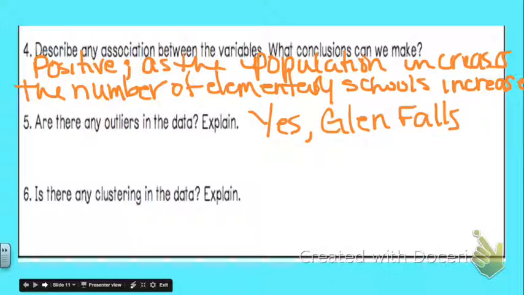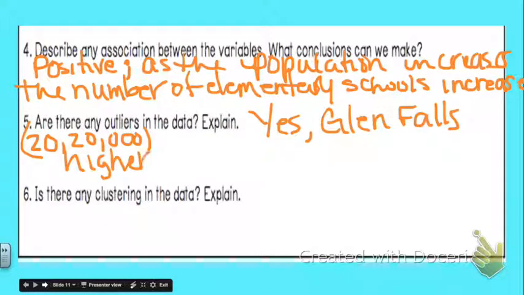So they have a much higher number of elementary schools versus their population. That data point would be 20, which is your x, and 20,000, which was your y. So this is higher than the pattern of data.